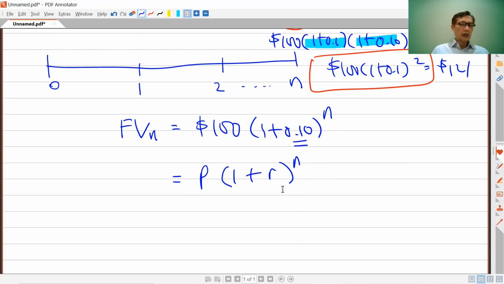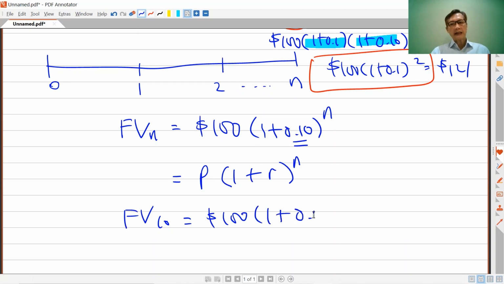So let's say that we want to calculate the future value. If you start with $100, at 10%, 10 years later, what do you get? So the future value in 10 years, starting with $100, and the rate is 10%, should be to the power of 10.